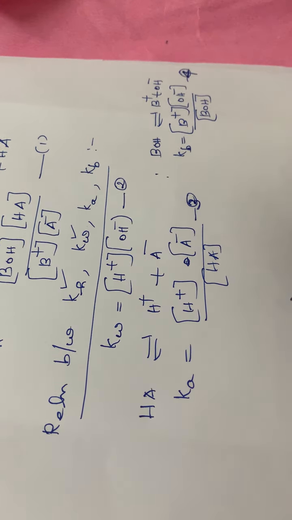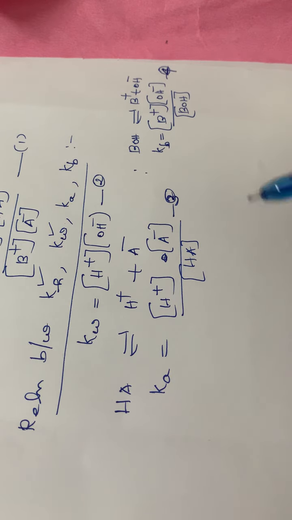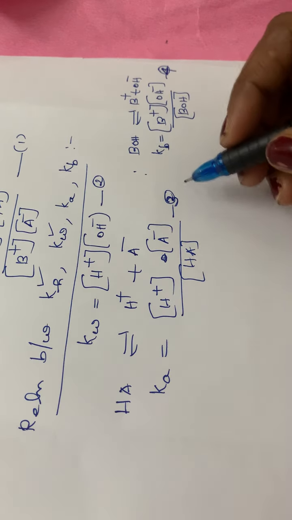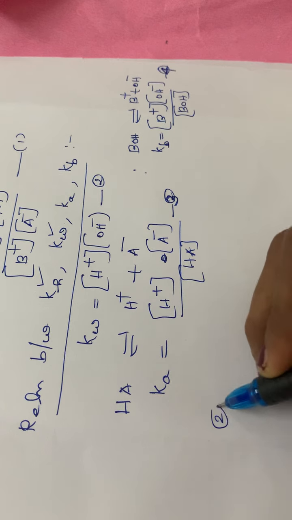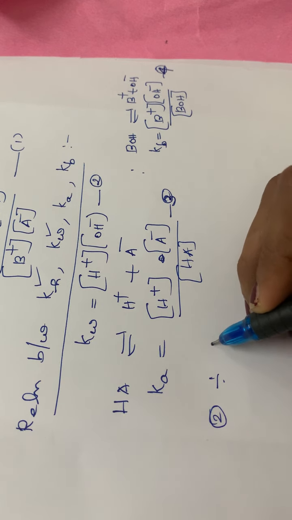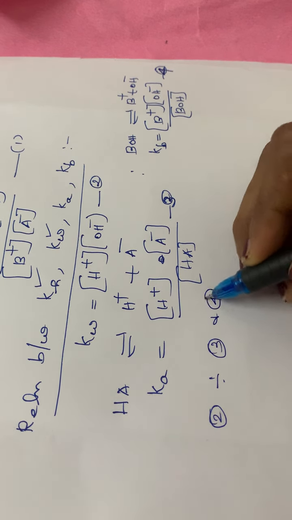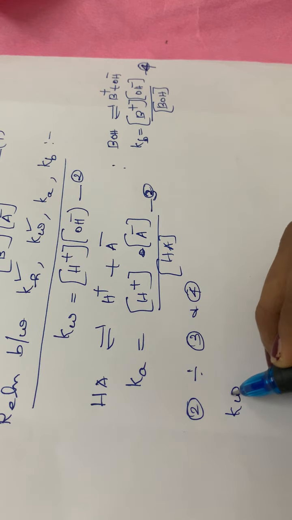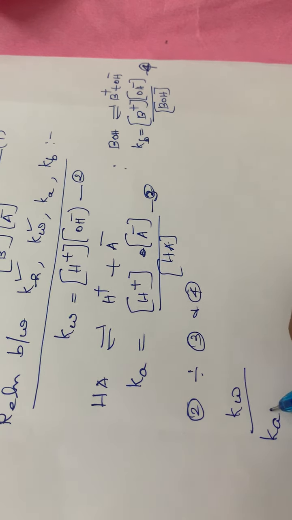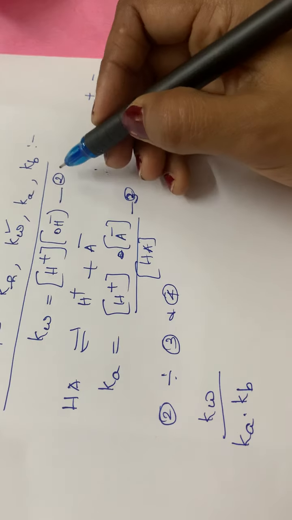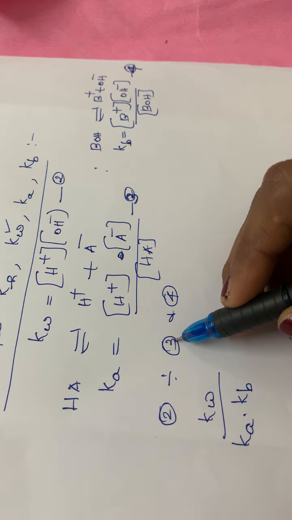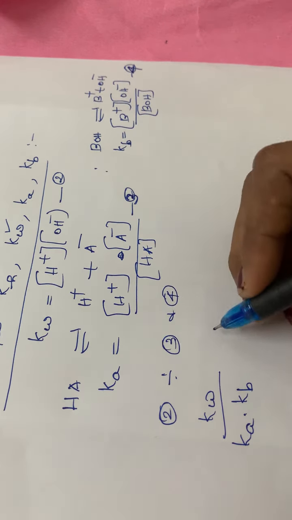So dividing equation 2 by equations 3 and 4, that means it will be equal to Kw divided by Ka into Kb. Equation 2 is Kw, Ka is equation 3 and Kb is equation 4.